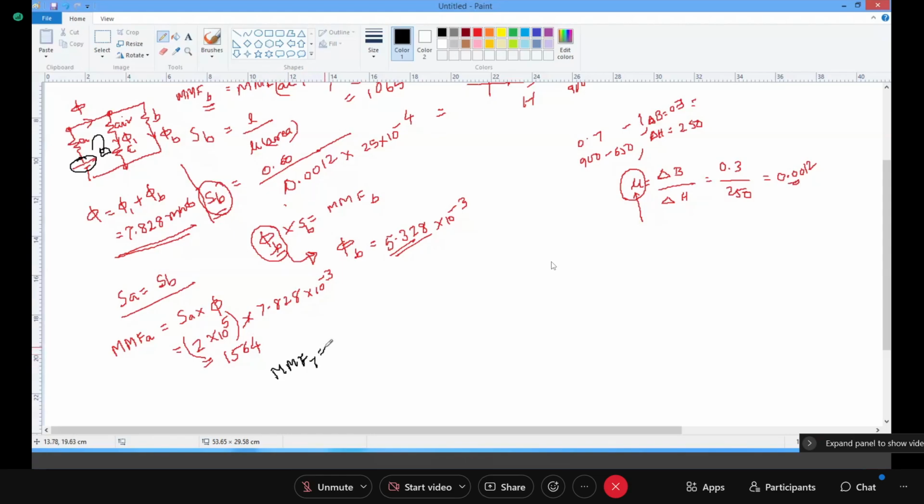It is MMF for A plus MMF for air plus MMF for C. So what is the total MMF you get now? 2631, sir, approximately. 2631. Okay. Is it correct?